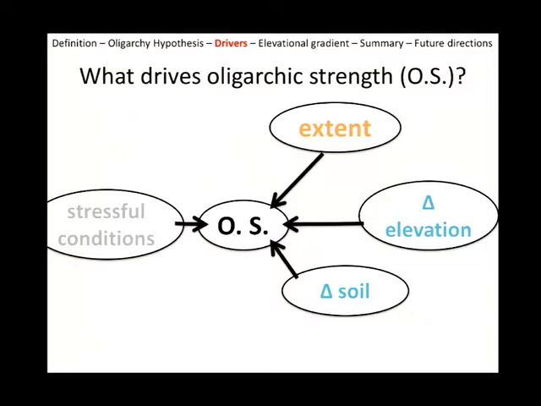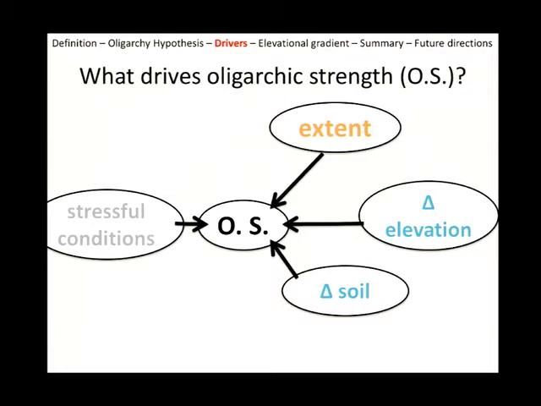On the other hand, we expect stressful conditions to generate or facilitate stronger oligarchic patterns. If the habitat filtering is strong, there are fewer species that can be successful in those conditions, and those few species are expected to show stronger dominance in their communities.